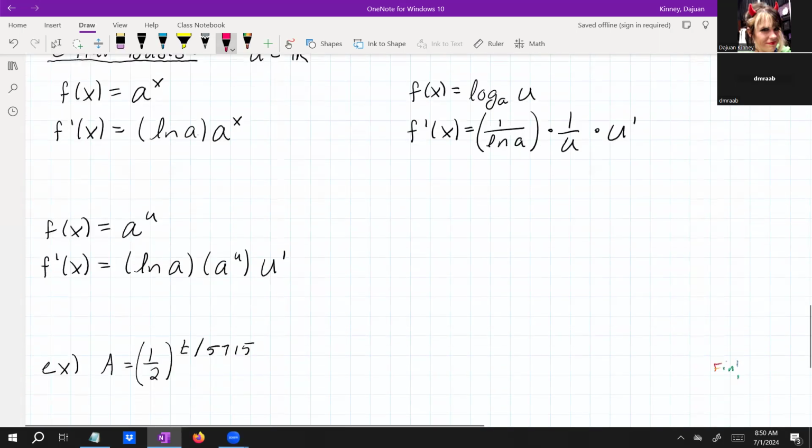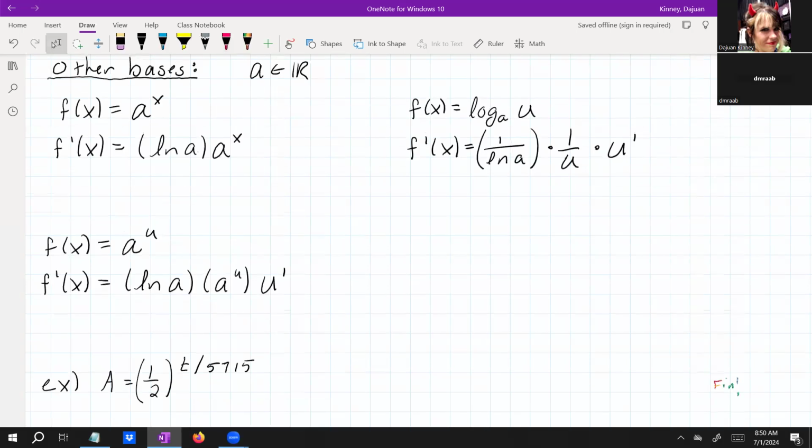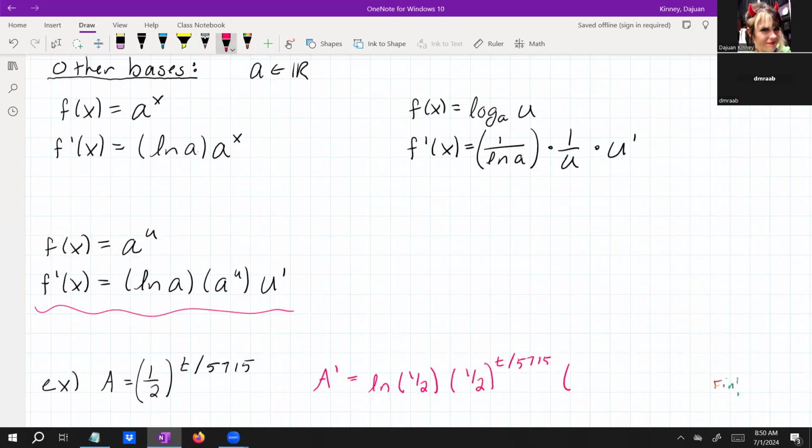So same idea. All right, let's find the derivative of a. We're going to use this rule. So it says take natural log of whatever our a is, which is 1/2, times the original function, times the derivative of the inside, which is just 1/5/715.